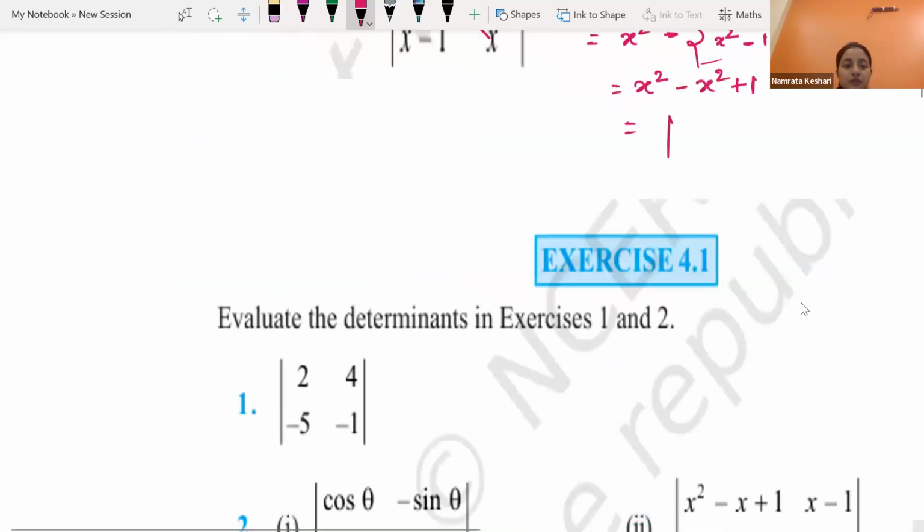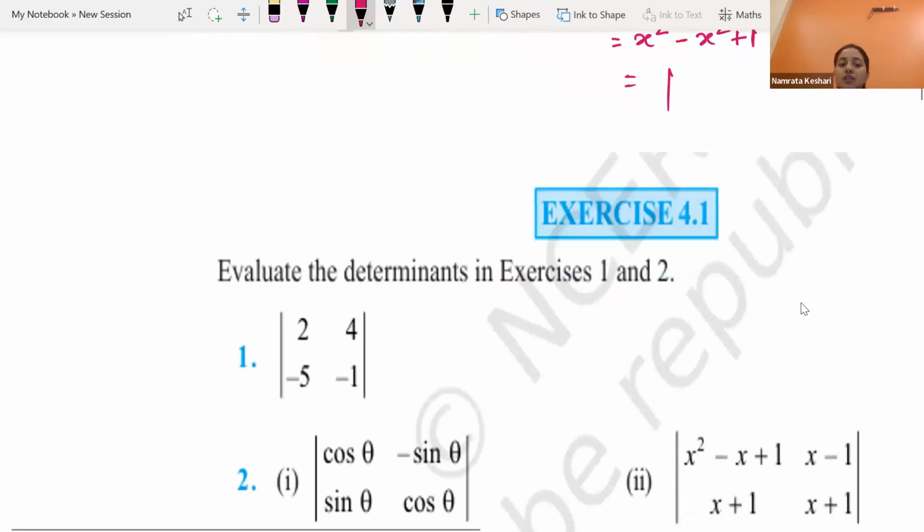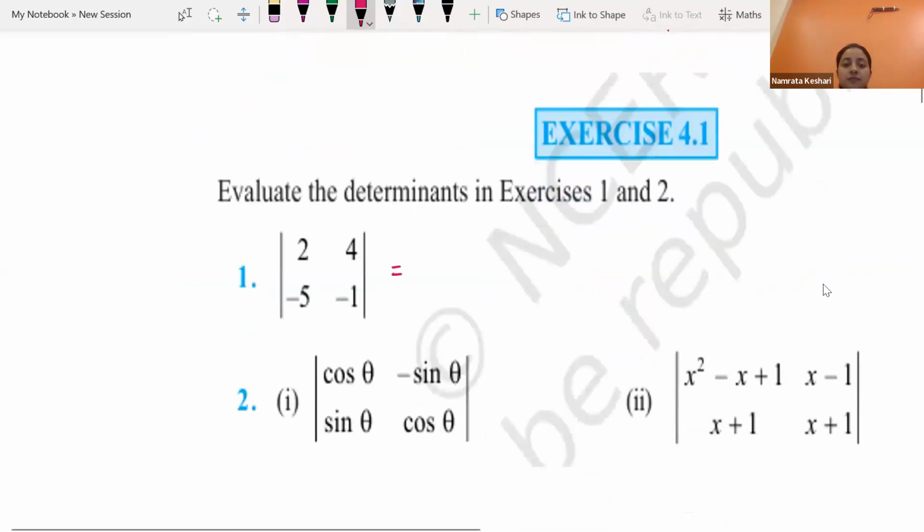Next. Here we have again the same 2 by 2 matrix, and we are finding the determinant. Please tell me the value, Kiran. So minus 23, I think.